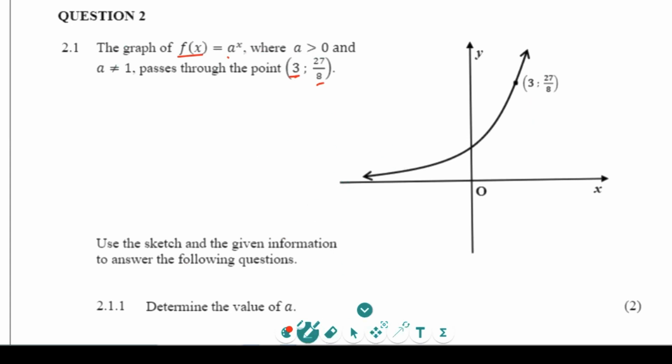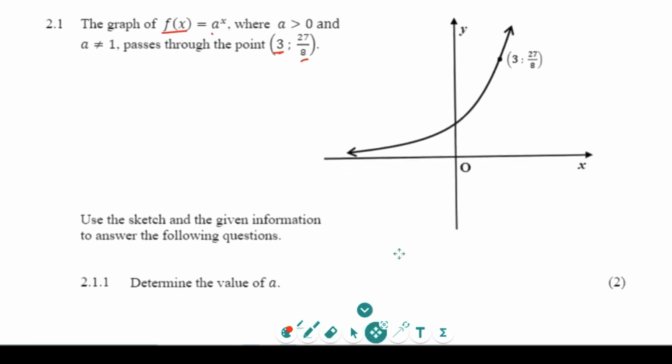Then they're asking us to use the sketch and the given information to determine the value of a. Whenever we're finding missing elements in the equation of a function, we need to go back to the graph and determine at least a set of points. If we have 2 unknowns within the equation, then we need 2 facts about the graph.